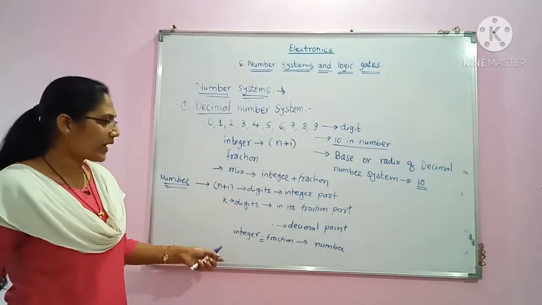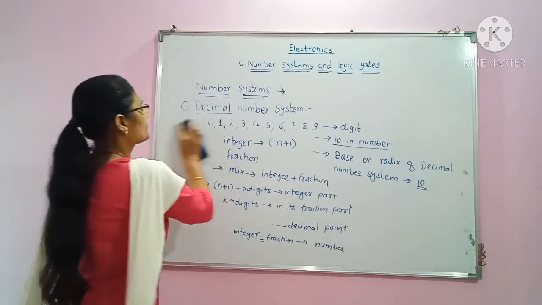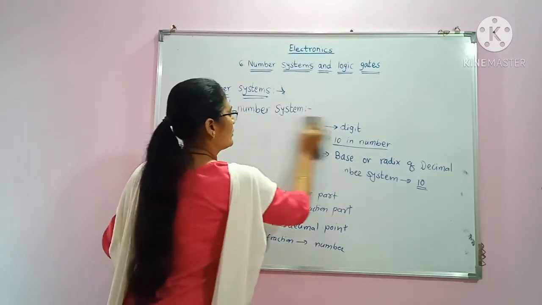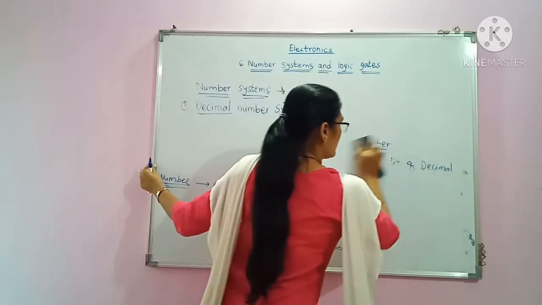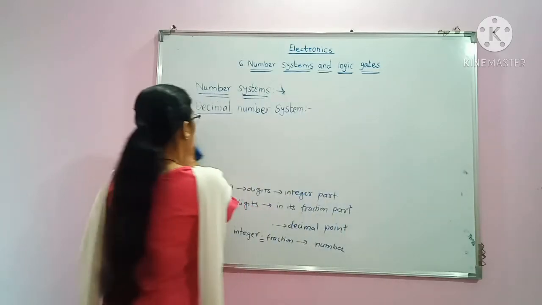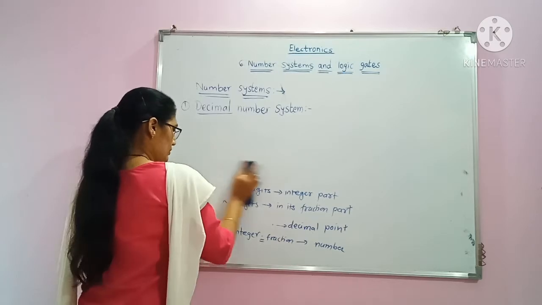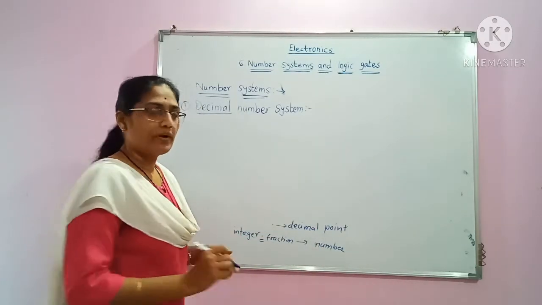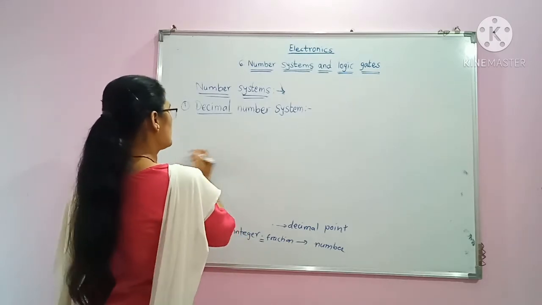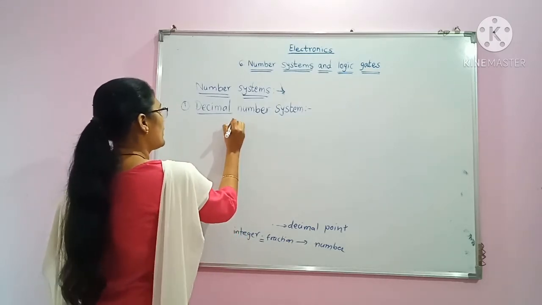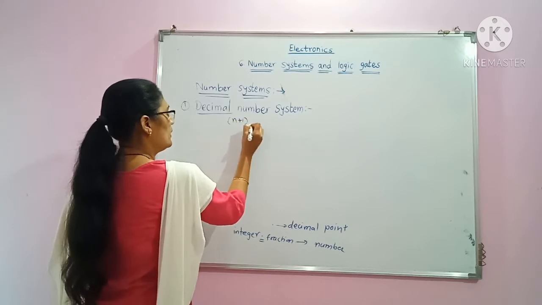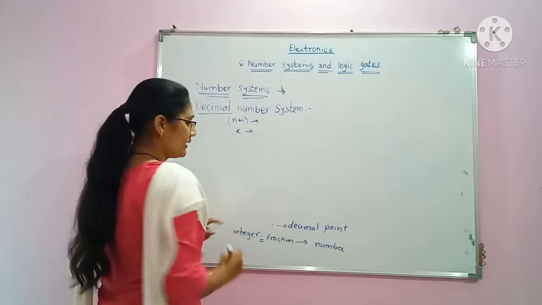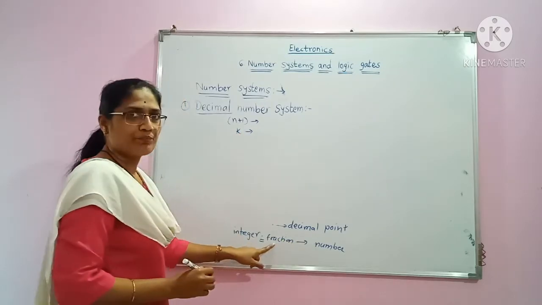Now, what have I considered? I have to write down a number which consists of n plus 1 digits in the integer part and k digits in its fraction part.